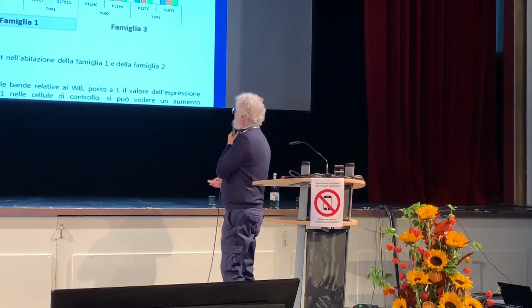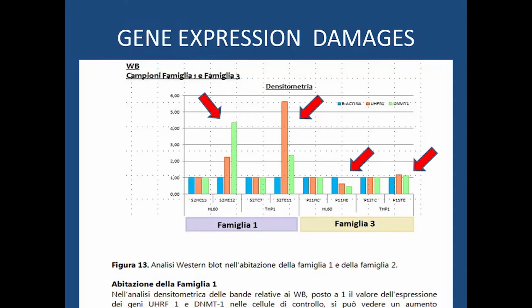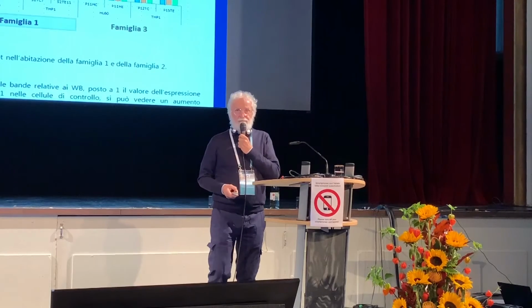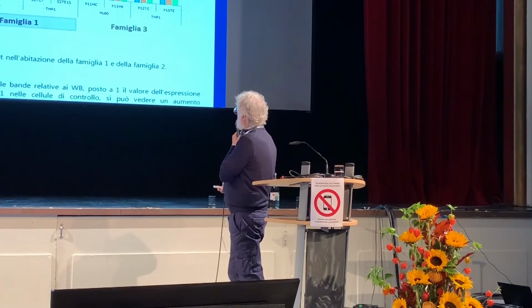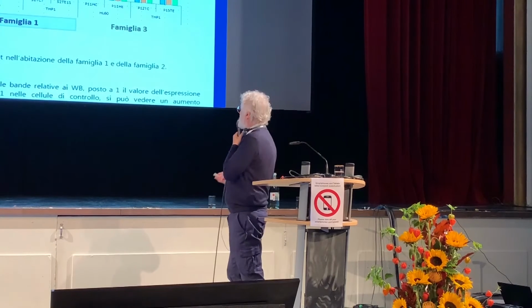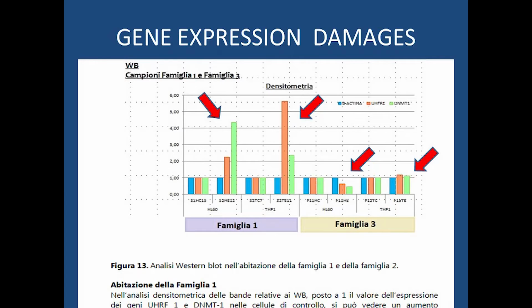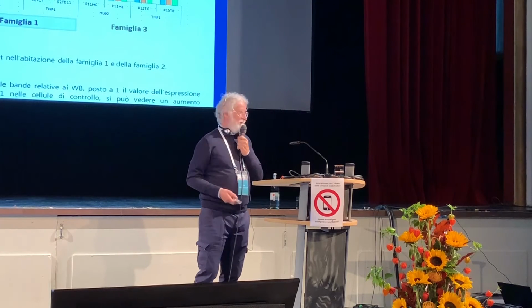In a graphical condition, you can see better the different expression of the genes which control, in different kinds of cells, and in which it is possible to see the difference induced by the electromagnetic fields in the houses. Next.